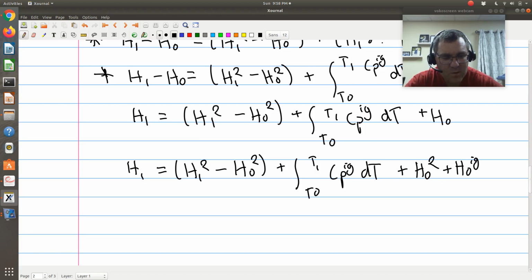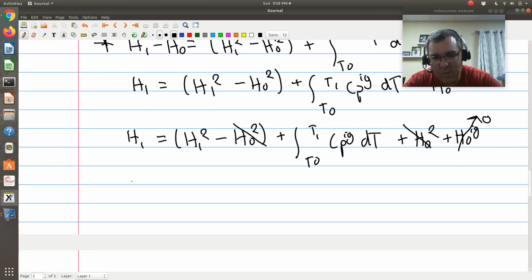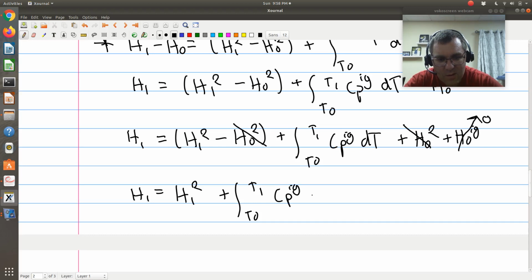So the H naught residual terms cancel, and H naught ideal gas is how I define my 0. Cool. And so now I'm just left with H1 equal to H1R plus the integral from T naught to T1 of Cp ideal gas dT.